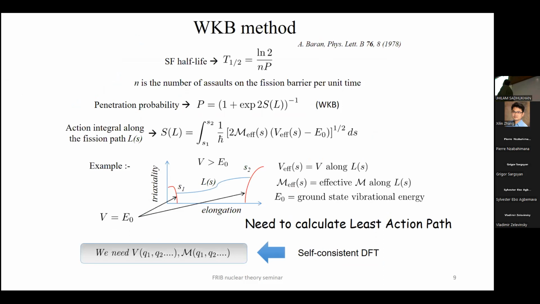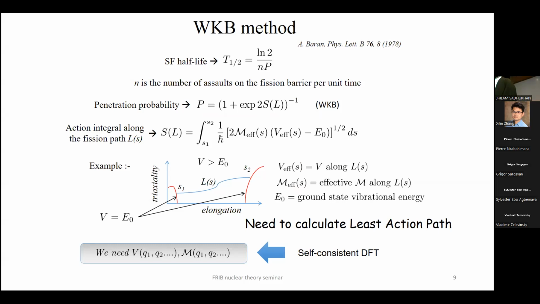This WKB method gives us the spontaneous fission half-life like this, where n is the number of assaults on the fission barrier per unit time, which has a value around 10^20. And then this probability is the penetration probability. It comes from this WKB calculation, and this P is a function of the action integral, where this action involves the effective inertia and the potential.